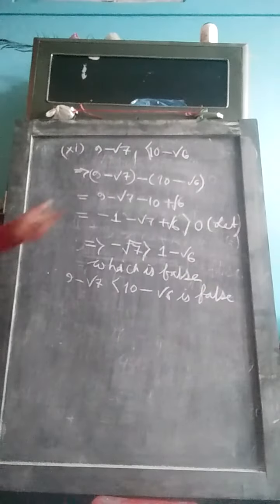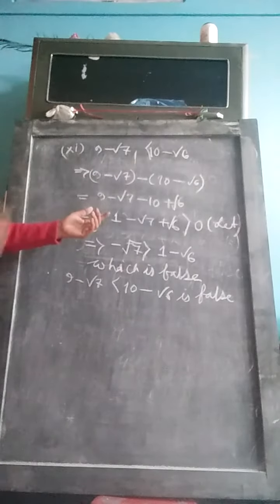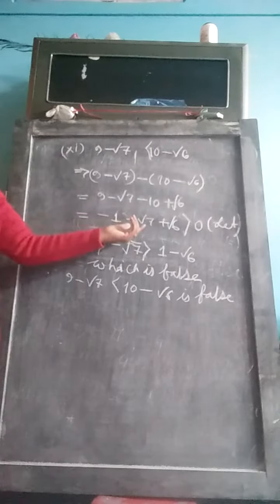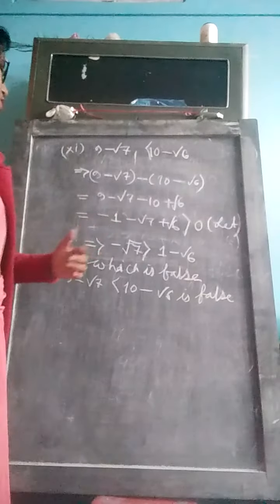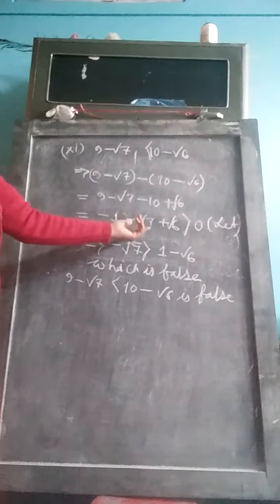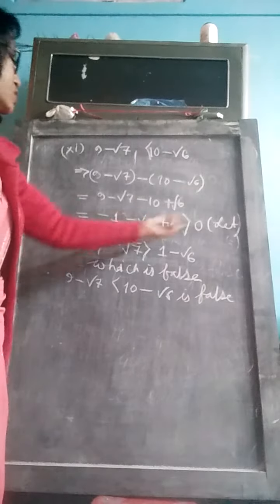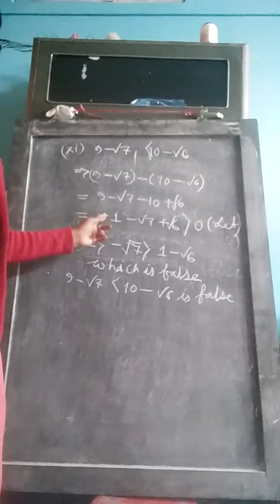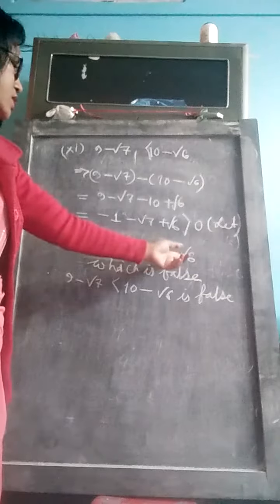Do you understand? When this becomes a, see here, let this be greater than 0. Then what do we find? We take this one side and bring this to the right side. Then what becomes 1 minus something?